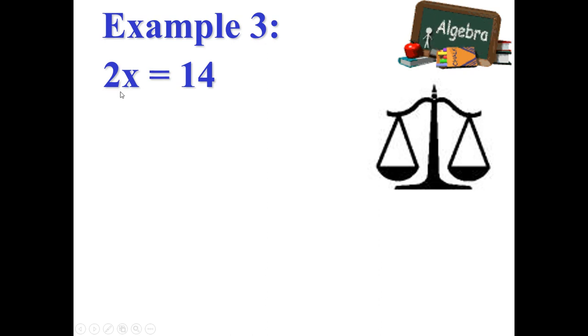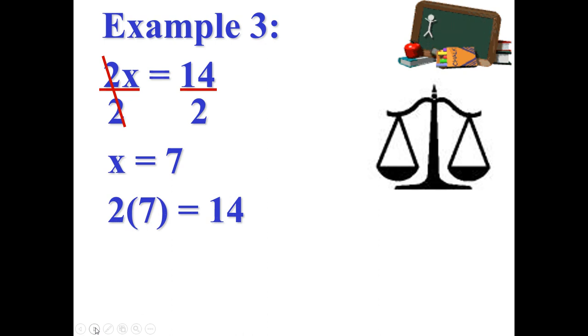Remember, the very first thing we want to do is isolate the variable. How do we isolate? We do the inverse operation. We have 2x, so we're going to divide by 2 on both sides. Dividing by 2 is going to cancel out our coefficient. Now we have x equals 14 divided by 2. So x equals 7.